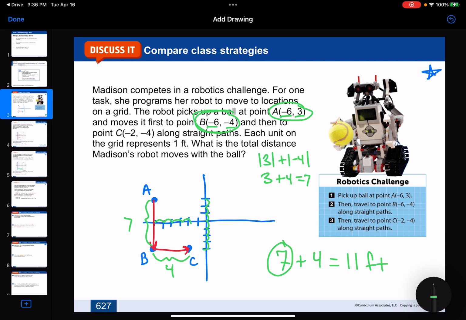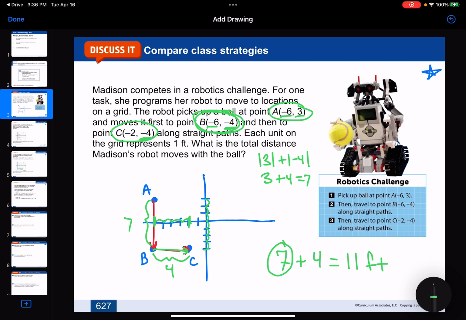Moving from the points B to C, the y values are staying the same because we are making a horizontal movement. We're only moving x values. We're going from -6 to -2. Now, those are in the same quadrant, so we're not moving from a positive to a negative or a negative to a positive.